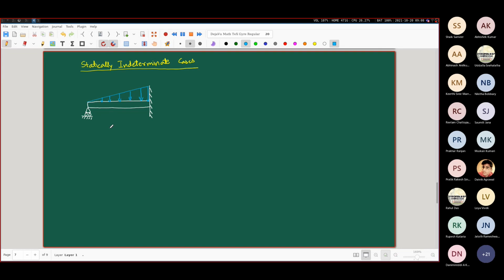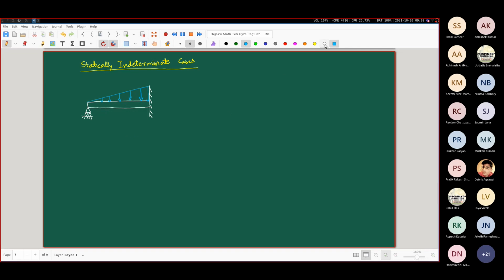The idea seems all right, but the way that you suggested it, there is a little bit of an issue. If I remove this wall, this beam is pin supported at the left end, it will just fall down, no?